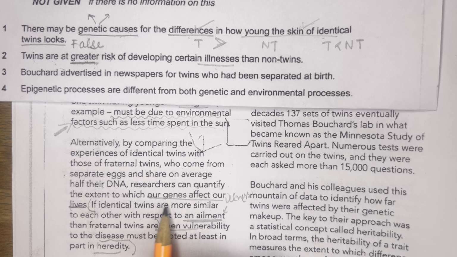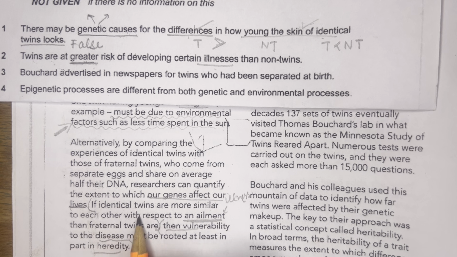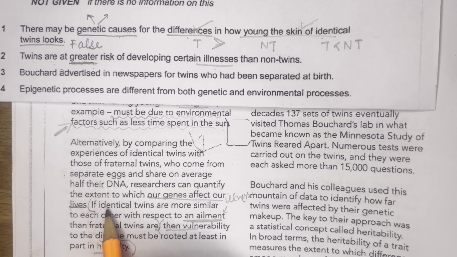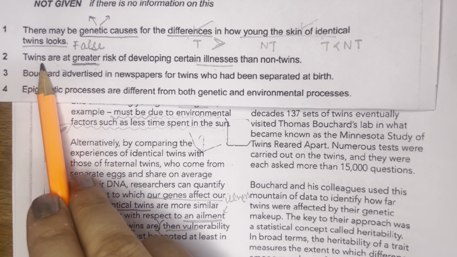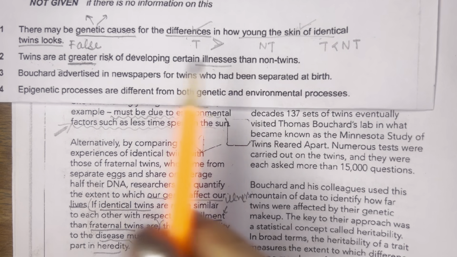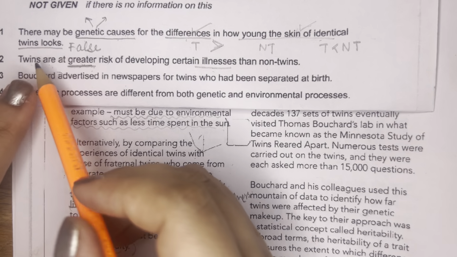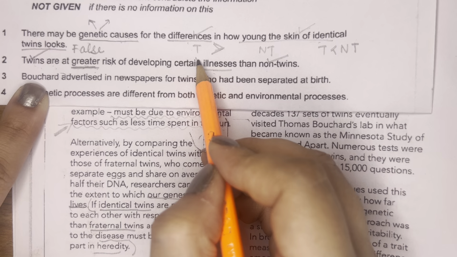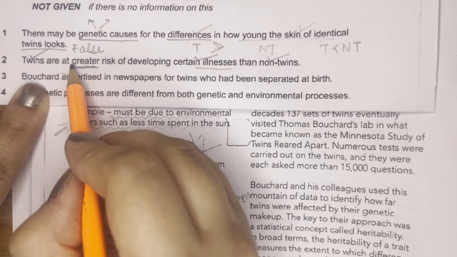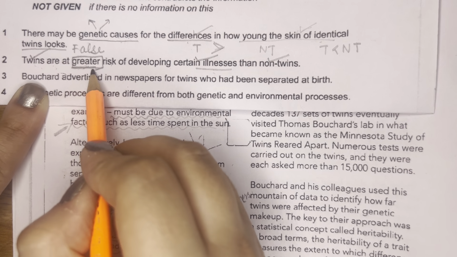If identical twins are more similar to each other with respect to the ailment than fraternal twins are. Yes, so there is a talk about identical twins and fraternal twins. That means there is a talk about twins and non-twins, and diseases also, but there is nothing about greater.